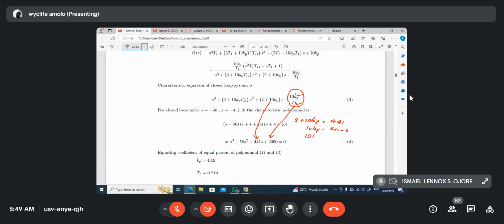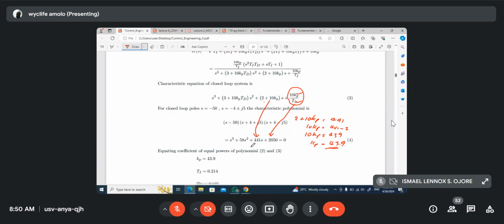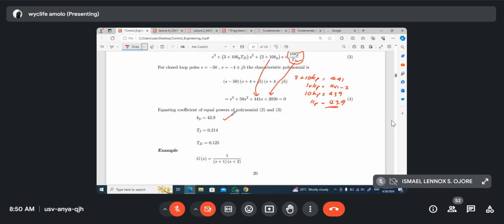So 10 kp is equal to 343.9, and kp is equal to 43.9. So that is going to give you that value. Then going by that, you'll get Ti is that and Td is that.